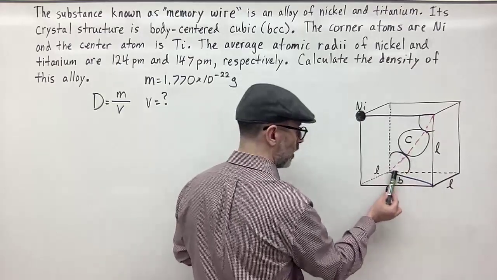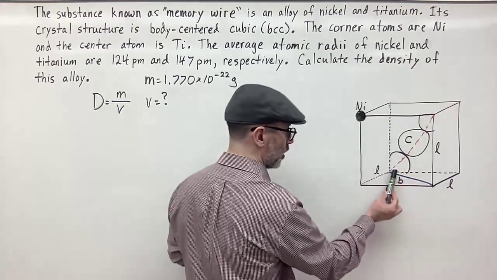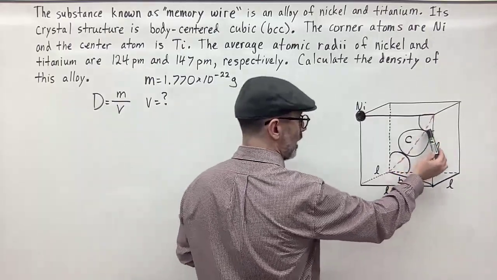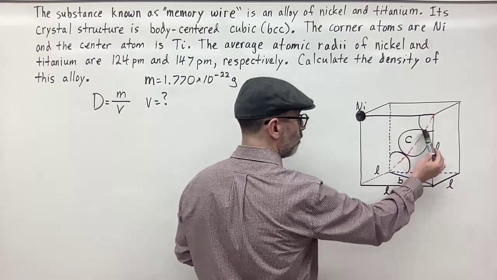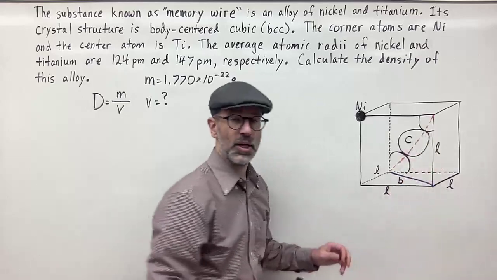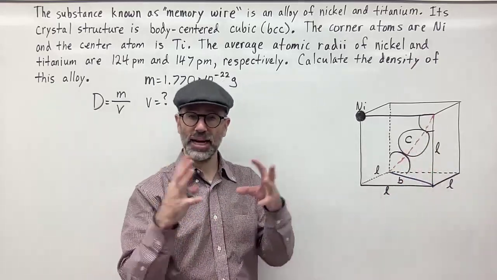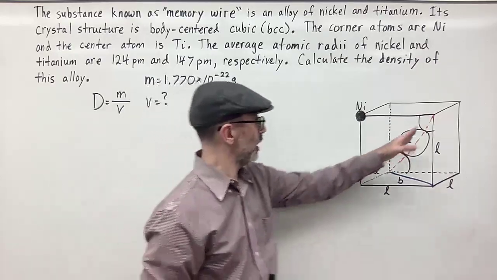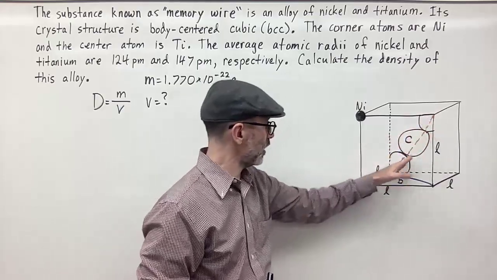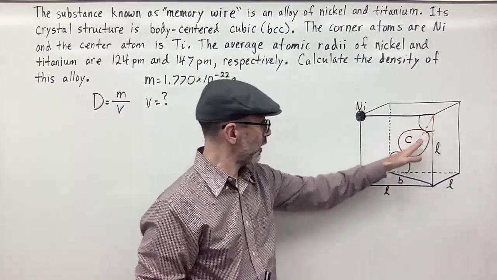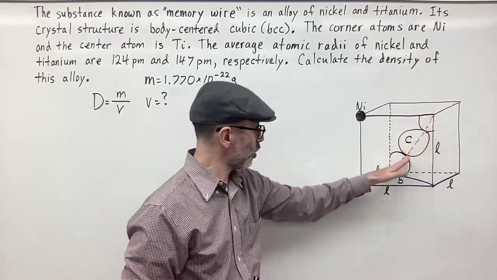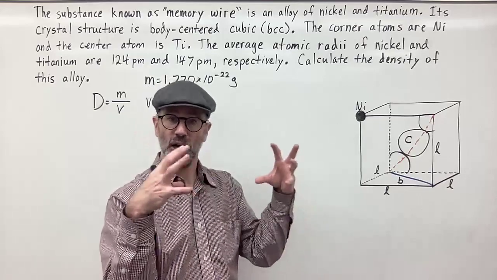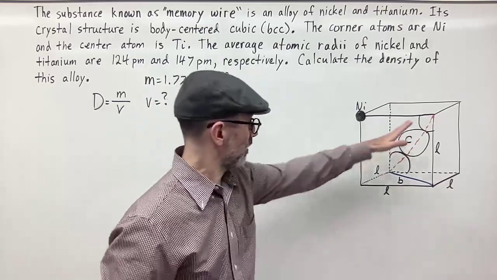You've got the radius of your nickel atom here, and then you've got the whole diameter of the titanium atom here. So if you add all of those radii together from the two nickel atoms and the titanium atom, you get this straight line here. So we can figure out what the length of this orange line is by adding up the radii of the different atoms that are touching each other like this.